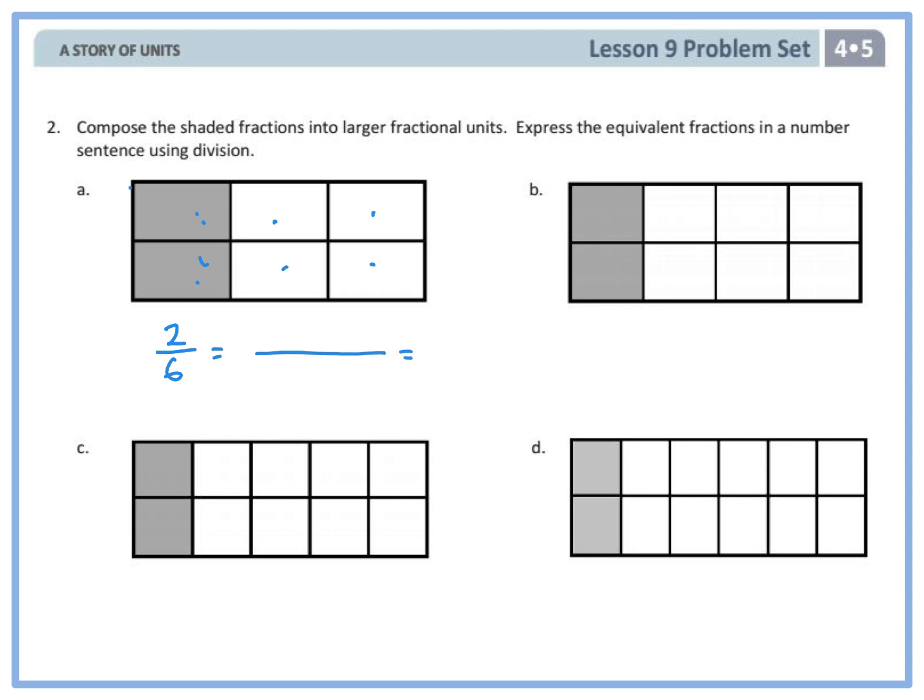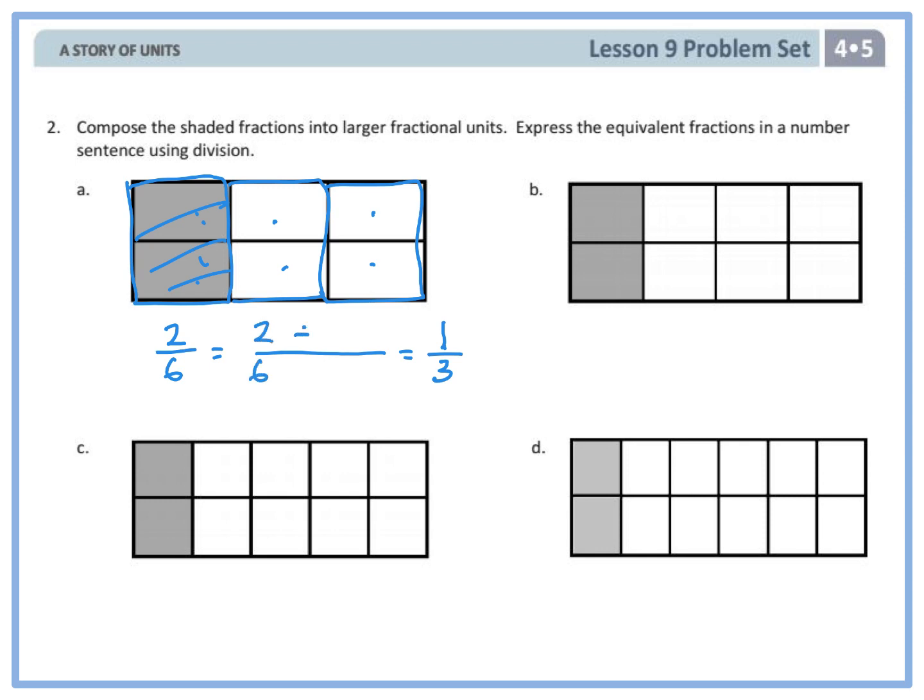So because I've got 2 shaded, I'm going to put it into groups of 2. There's 1 group of 2, 2 groups of 2, 3 groups of 2. So now I have 3 groups total, and I will put that as the denominator of my new fraction, and I have 1 of those groups shaded. So I will put that as the numerator.